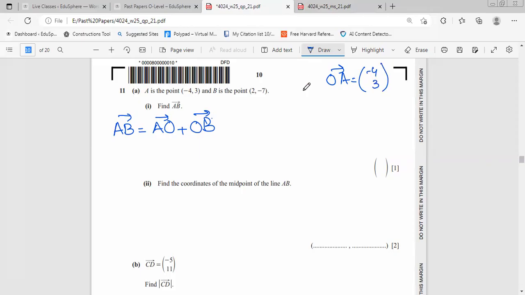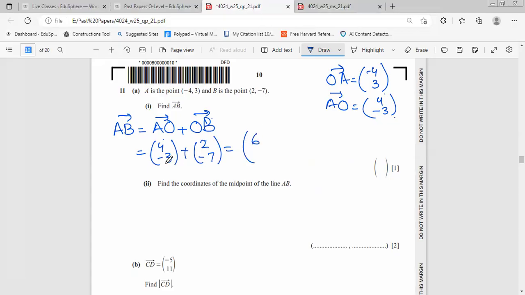When we are taking AO, the direction changes, so the sign changes, so it will be 4, minus 3. I'm replacing this with (4, minus 3) plus OB. OB is already given, which is (2, minus 7). So for this, we have 4 plus 2, which is 6, and minus 3 and minus 7 is minus 10. So we get (6, minus 10).